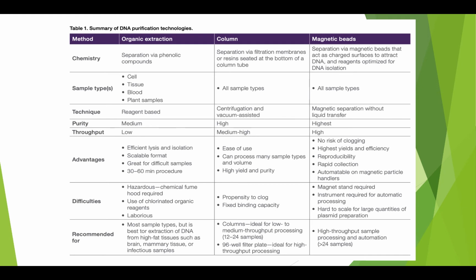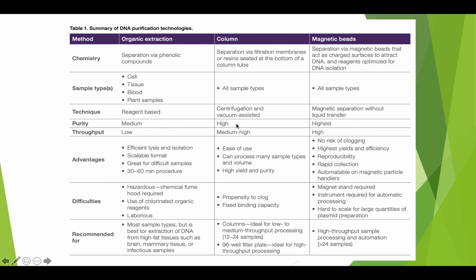But is the purity high? I agree. The next few slides are from, and a lot of these protocols are taken from big international companies, so they might push things a bit. But is the purity high on organic extraction? It's not. It can be high if your technique is good.